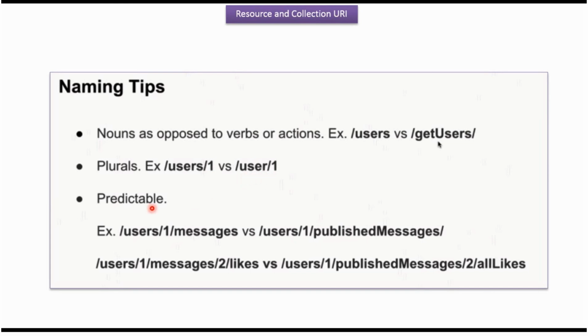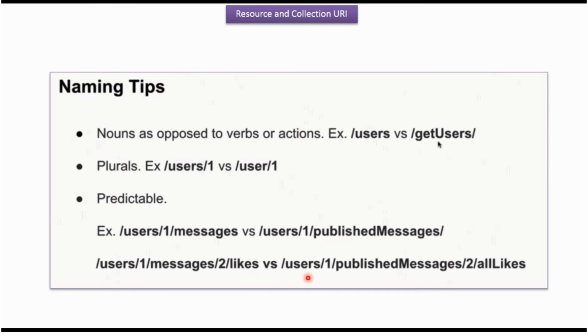The URI name should be predictable. For example, users collection, user ID, messages. This is the correct format. It should not be like users collection, specific ID, and published messages. We can simply say messages, not published messages. Like that, users collection, specific user ID, messages collection, message ID, and likes.